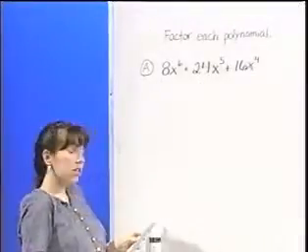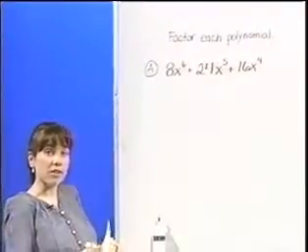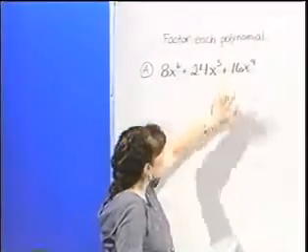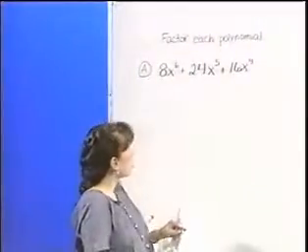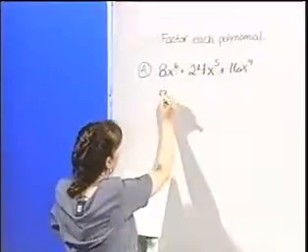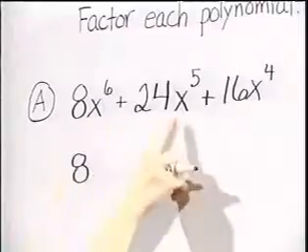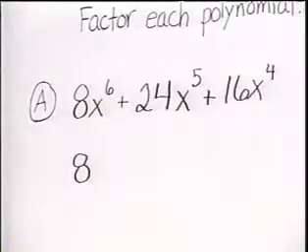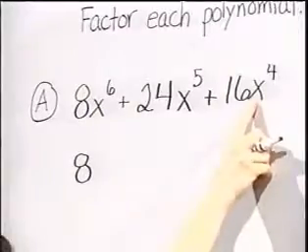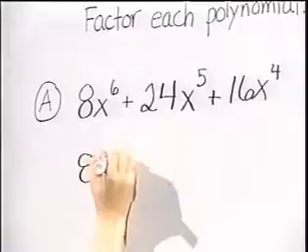Following along on the sheet, the first thing you want to do is factor out the greatest common factor. Begin with your numbers. What number is common to each of those terms? It should be 8, so you can definitely pull out an 8. As far as the variables go, each of these has x raised to a power, and the most x's we can take out are 4 x's. So we're going to take x to the 4th out as well.